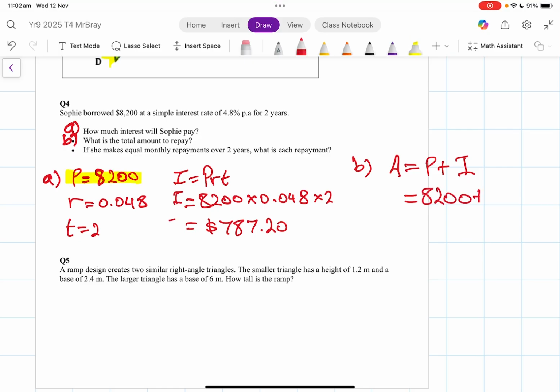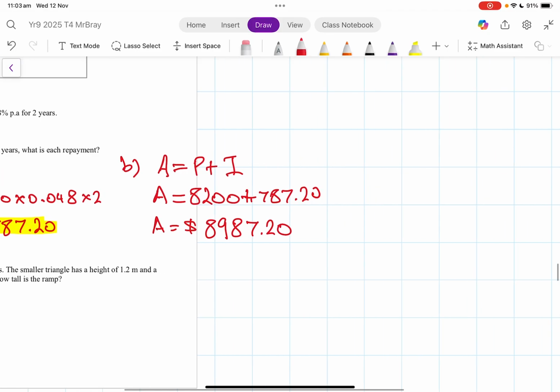And then you've just found that the interest was this amount here, so we're going to add on $787.20, giving me a final amount of $8,987.20. Cool. So that's part B done.